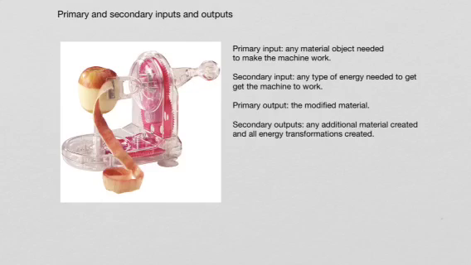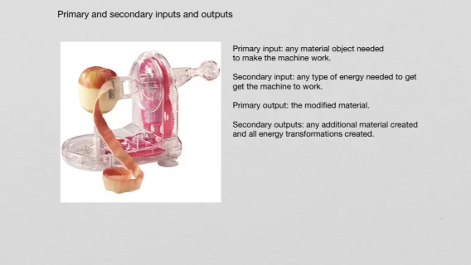The secondary output is the peeling itself, because that's not actually why we use this apple peeler. We use it to peel actual apples, to bake with, to eat, to whatever. The peeling a lot of times gets composted, thrown out, or eaten on the side. In addition to any material output, we have any energy transformation that's occurred.